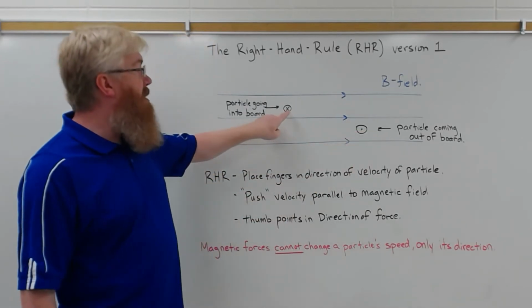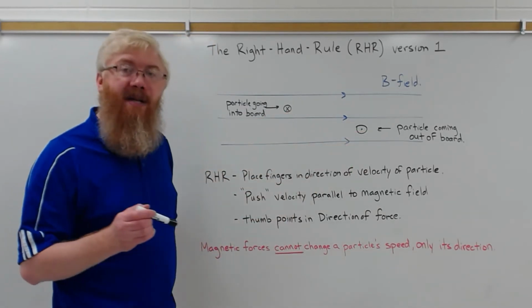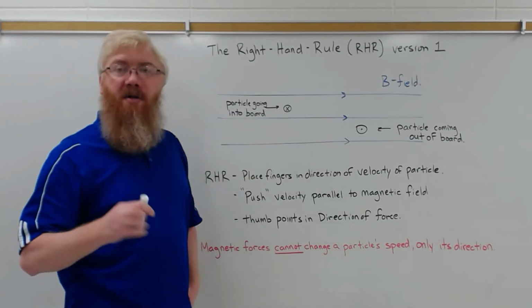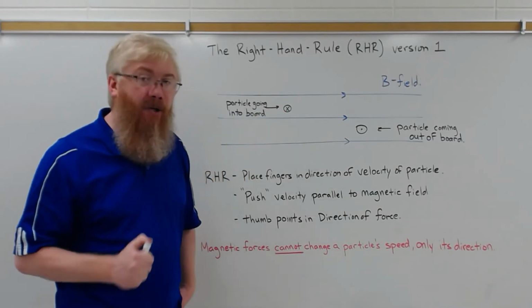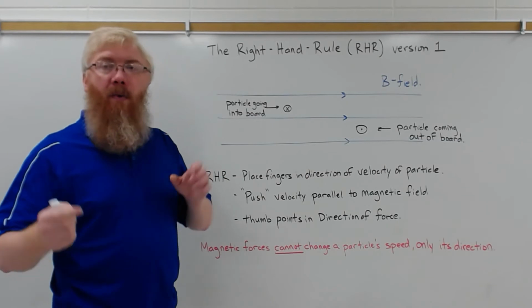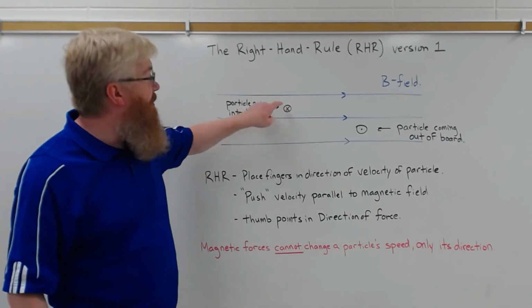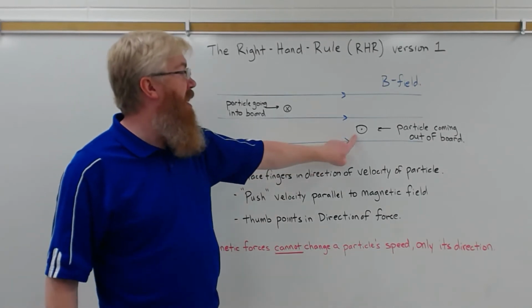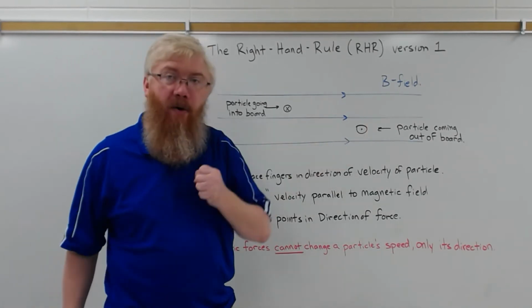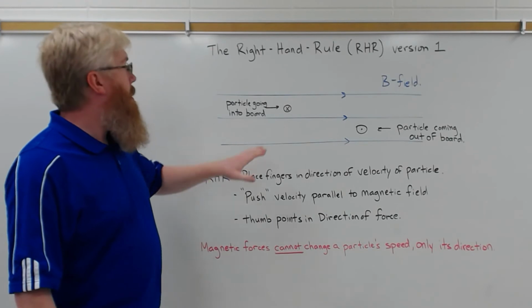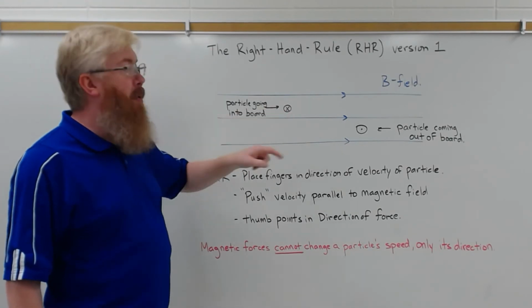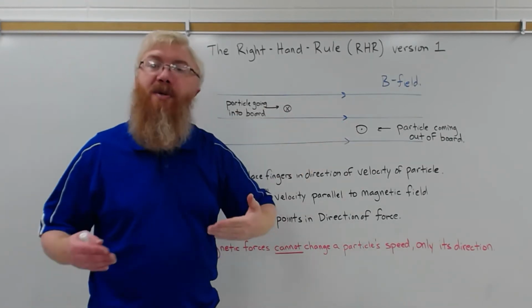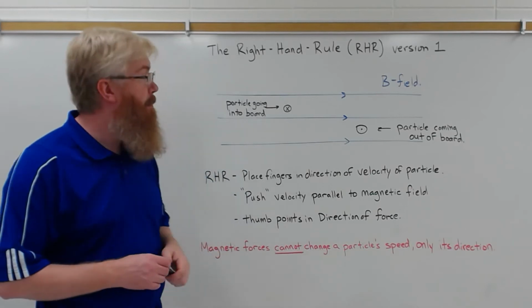A little X in a circle usually represents that a vector is pointing into the page. Think of it like an arrow. When an arrow is flying away from you, you can see the fletching, the feathers on the back. When an arrow is flying towards you, you see the point coming at you.